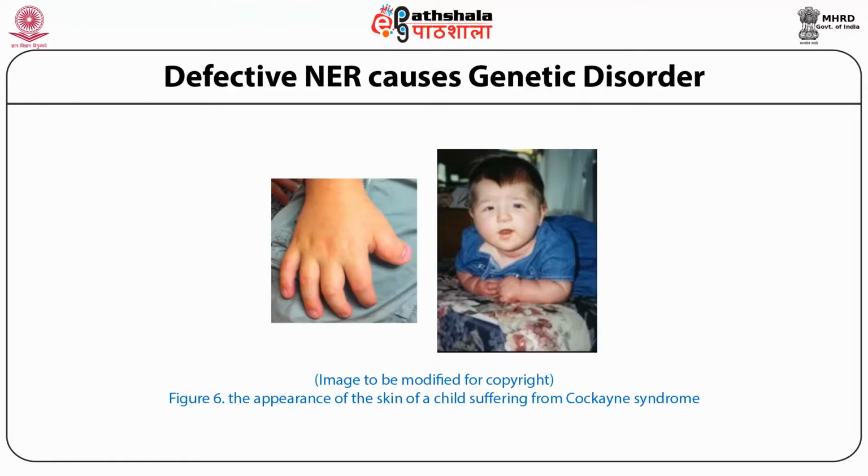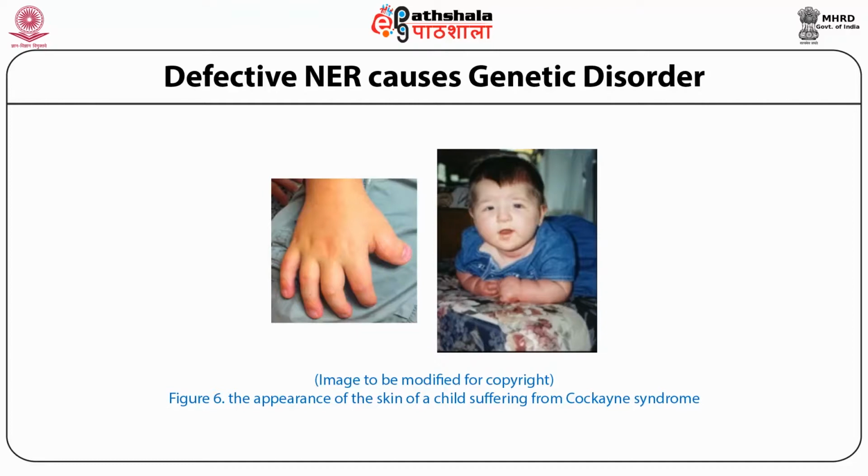Cockayne syndrome is another inherited disease which is also associated with defective NER. This disease develops from defects in the same three genes that are defective in xeroderma pigmentosum as well as in two additional genes.